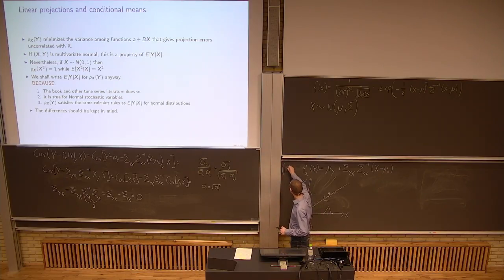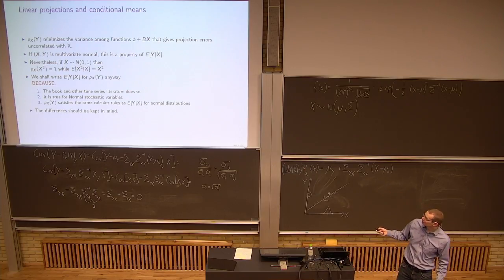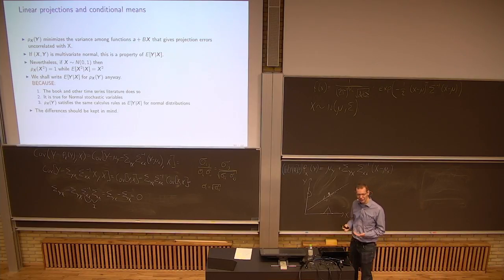Sometimes it holds that this is the conditional expectation of y given x. It doesn't hold always. Using the same case as previously with x squared and x, because of the nonlinearity, it breaks down. But if things are linear, it holds.